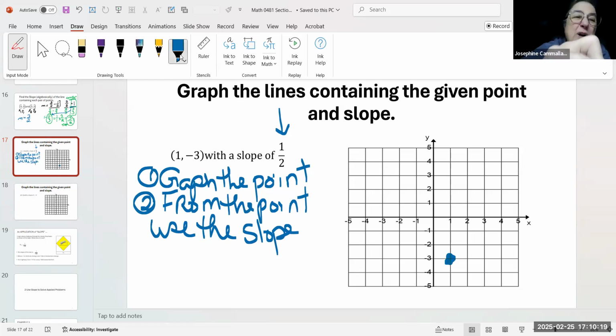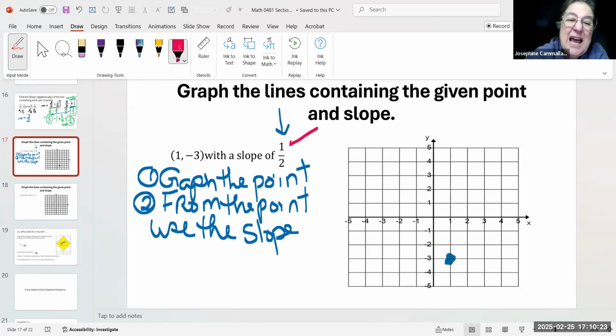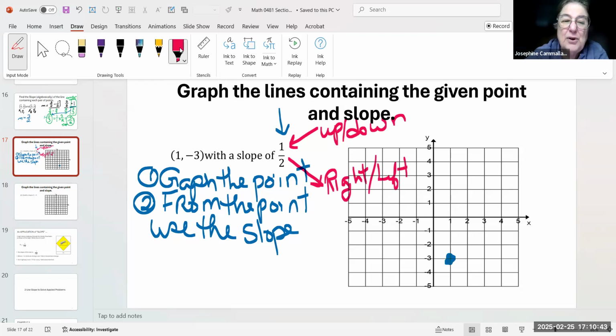Now, that's where you have to know that this top number is your up-down number. So that means from this blue dot, I'm going up 1, and your bottom number is your right-left number.